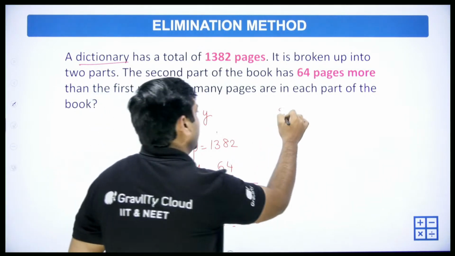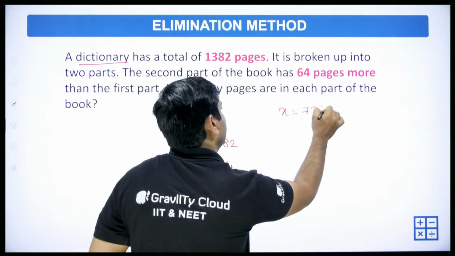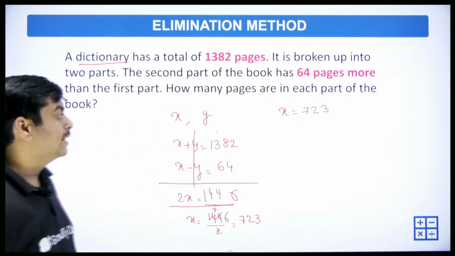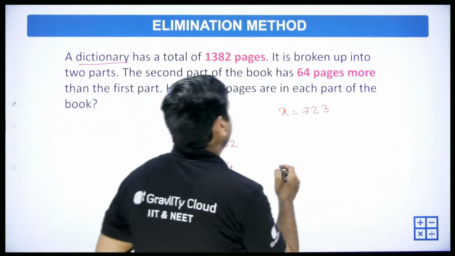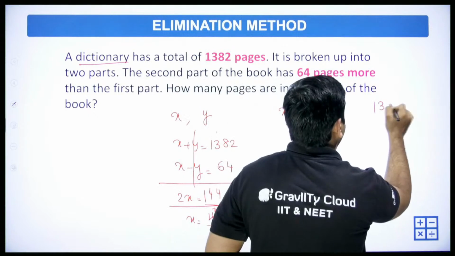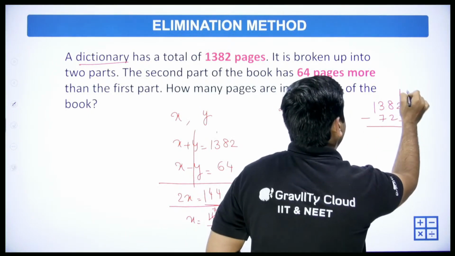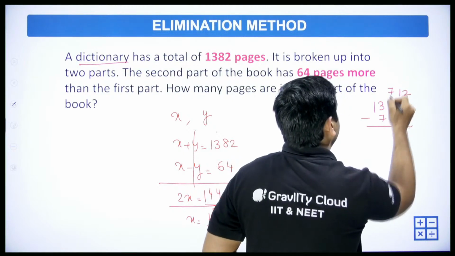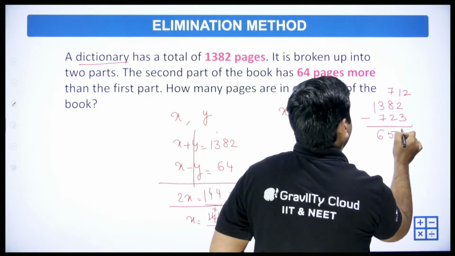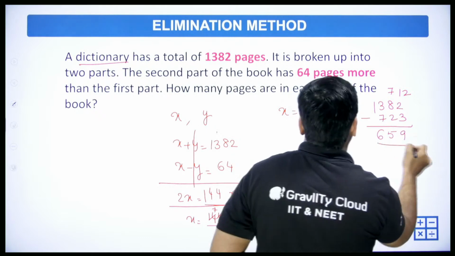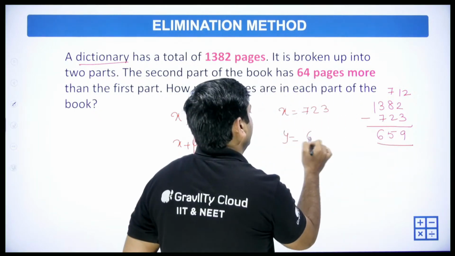So we got one part that has 723 pages. What is the other part? As the total is 1382, 1382 minus 723 will give you 659. So y will be 659.